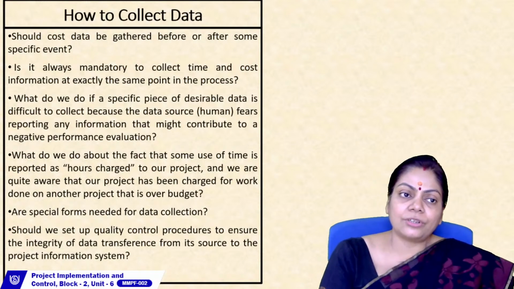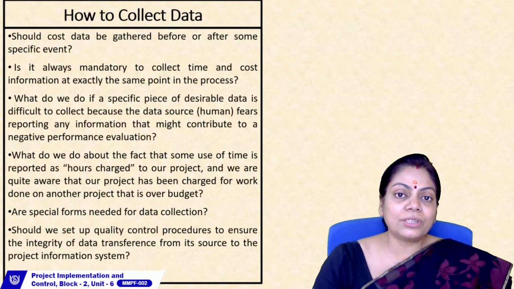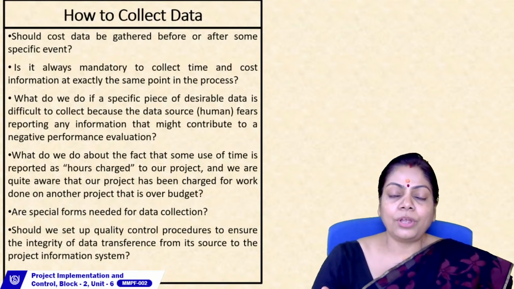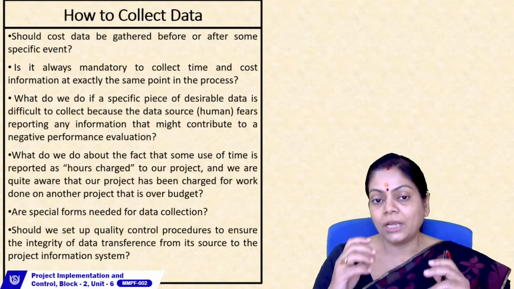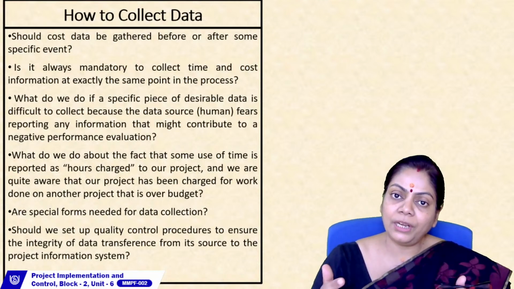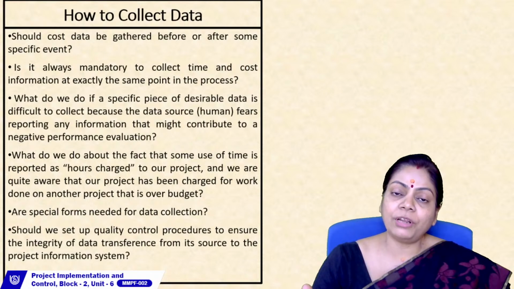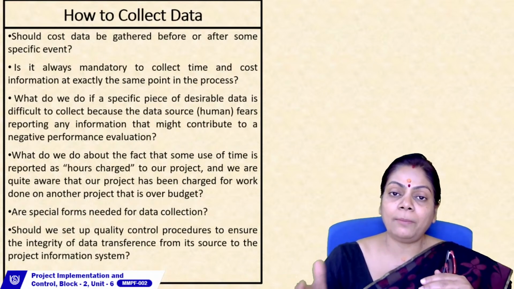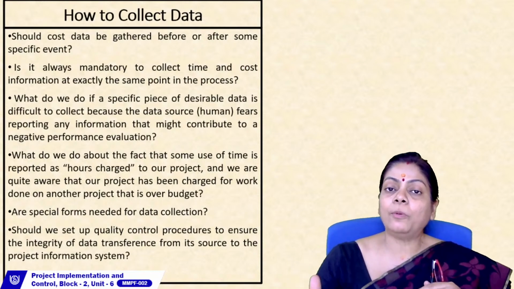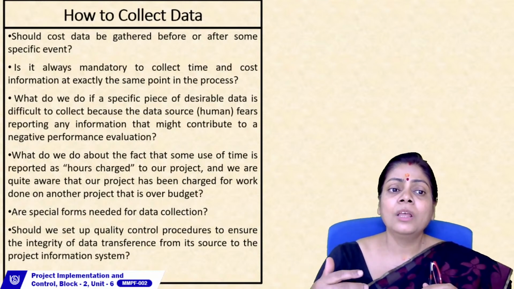This is a very important decision. I am talking about a very simplistic case, because the students could be from various backgrounds. In an engineering project, this could be very complicated. For software development, it could be different. Now, given the factor cost, at what point of time are we going to gather the data?